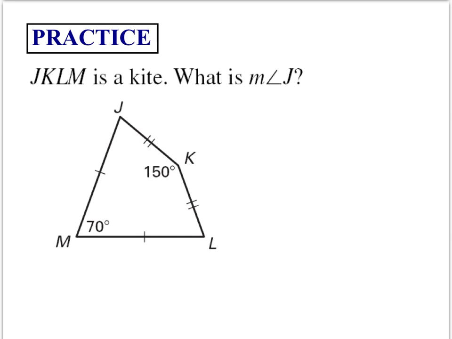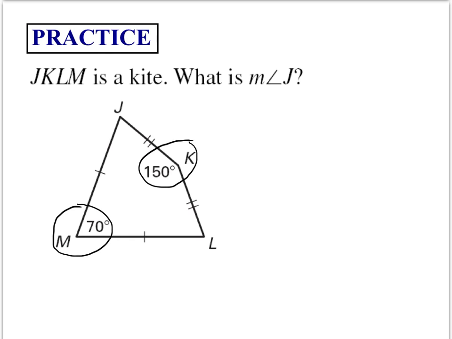In this example, we're saying that JKLM is a kite. So let's figure out what the measure of J is. We know from the last theorem that we talked about that a kite only has one pair of congruent angles. And in this example, clearly, M and K are not that pair of congruent angles.